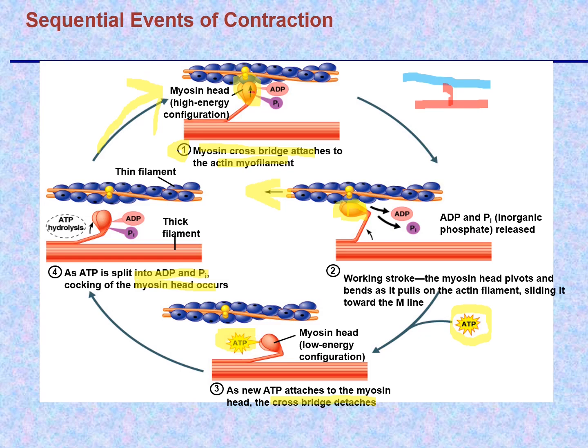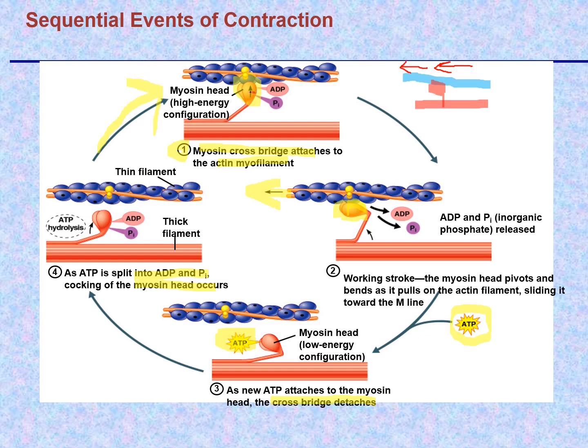first it attaches in a vertical direction, and then it pivots, changes its shape, so that it's going that way. And what that causes is the two to move past each other. It causes the thin filament to slide in this direction.